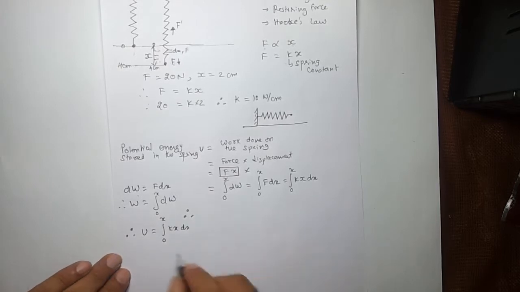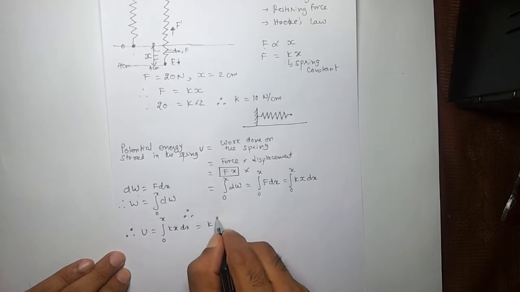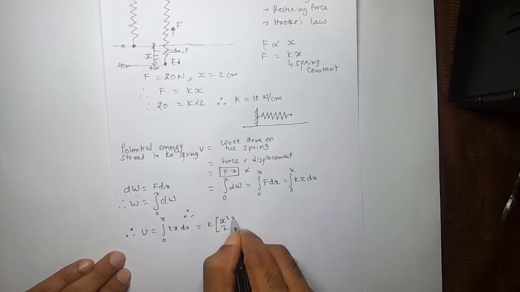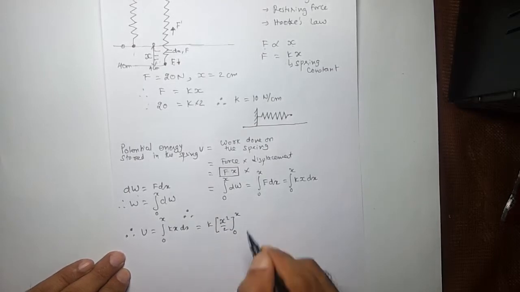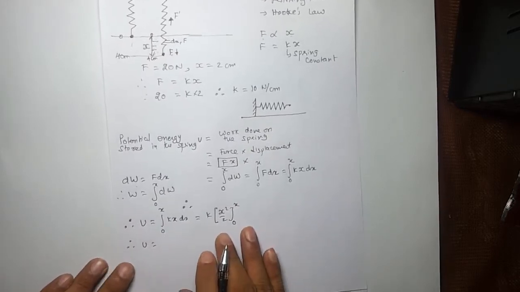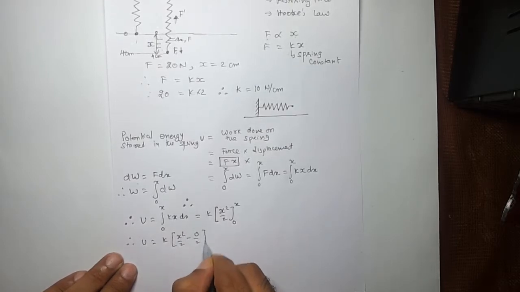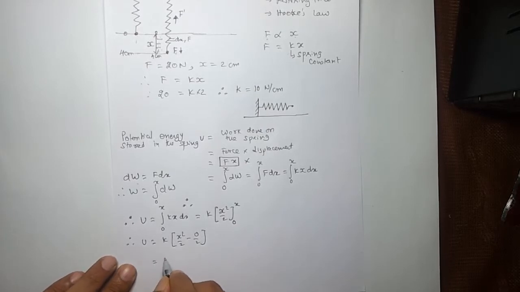Right, kx dx. And if I integrate this, I'll get k times x square by 2 between the limits 0 to x, and therefore U will be equal to k x square by 2 minus 0 by 2, and this will be equal to half k x square.